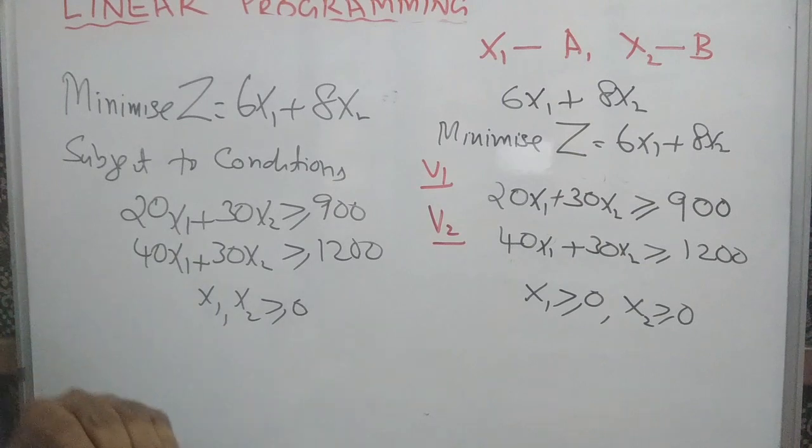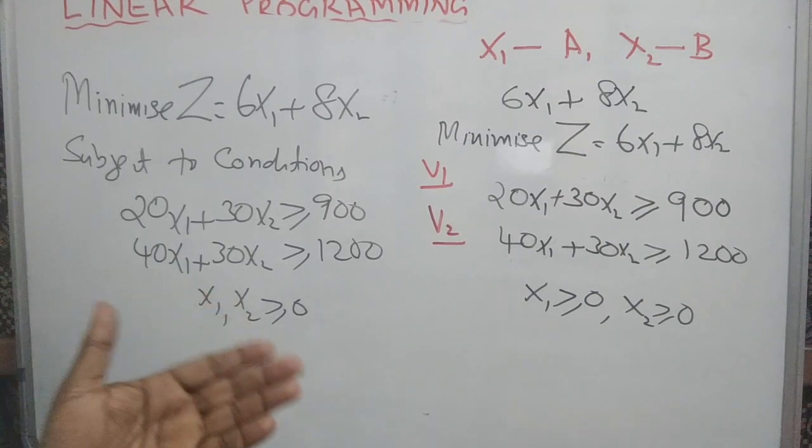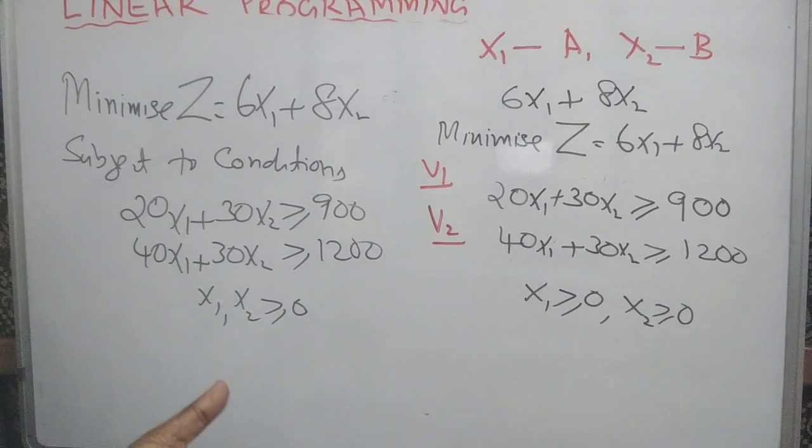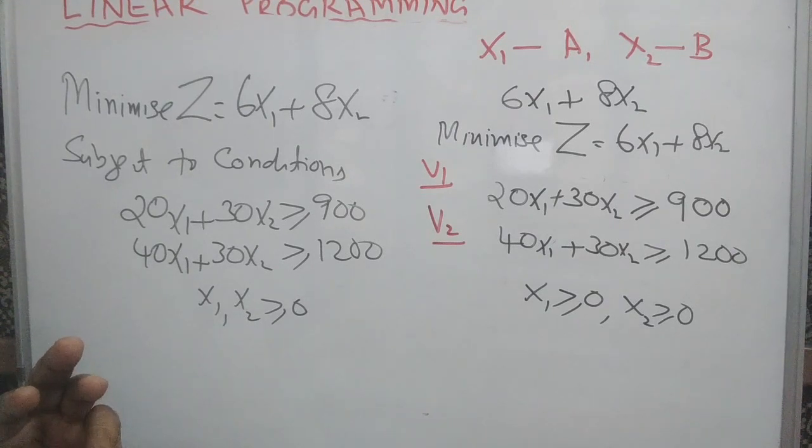How will you achieve this objective with respect to availability and requirement conditions? When you solve this from a mathematical point of view, we consider only the positive solutions of the variables.